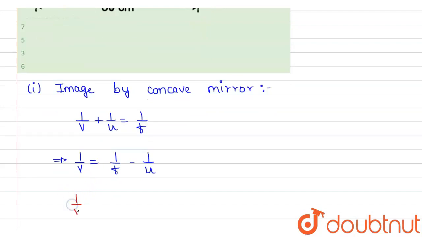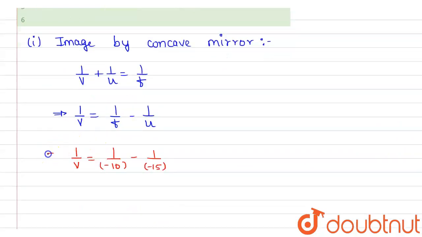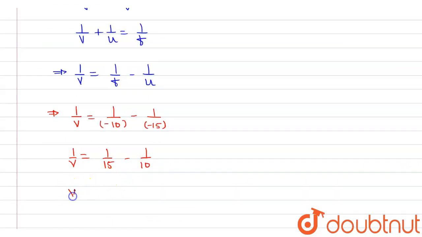So 1 by v is minus 1 by 10 minus of minus 1 by 15, so 1 by v is 1 by 15 minus 1 by 10. If we solve this, v will be minus 30 centimeters.